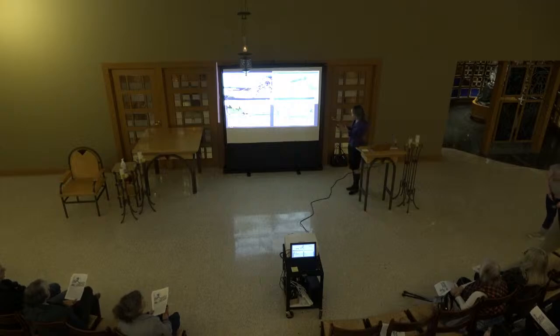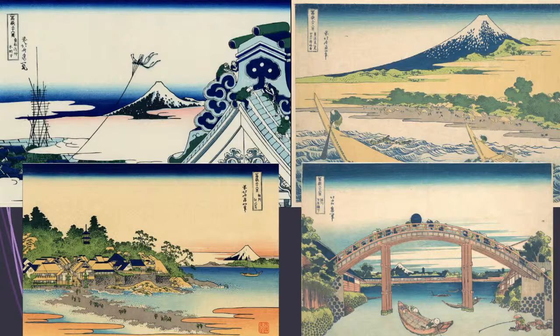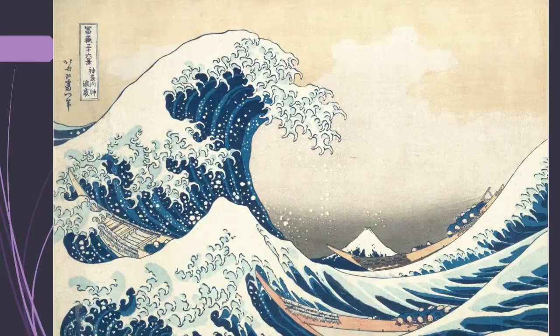And for Hokusai, Mount Fuji is always in the print, in the work. Sometimes it's bigger and sometimes it's really small. But that was his guiding element throughout all the 36 works. And here also, first of all, the waves are gigantic, they're huge. And then we see Mount Fuji is just there in the back.